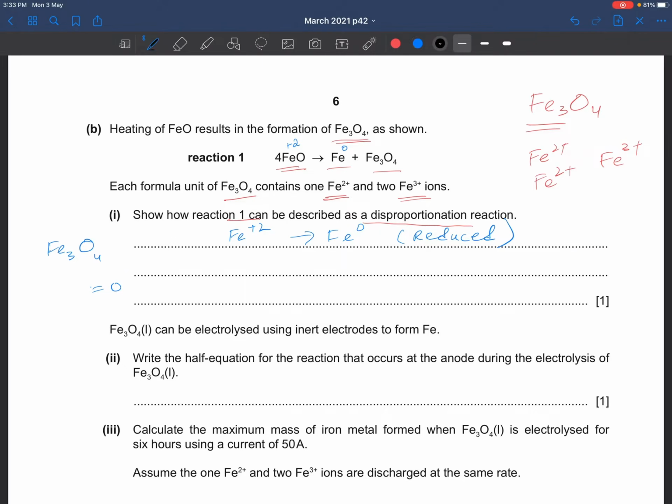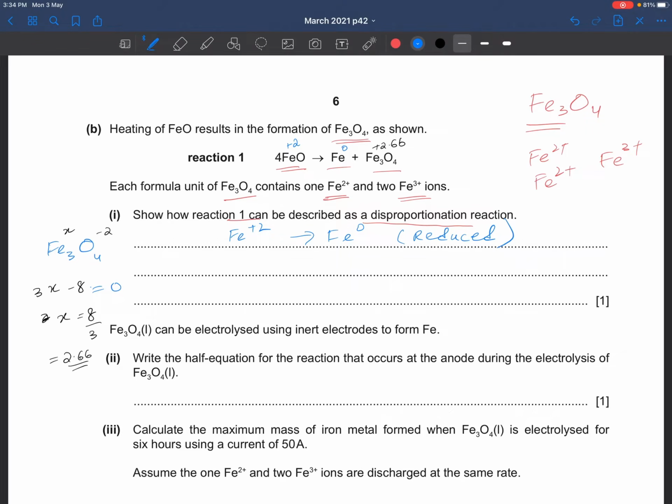And the oxidation state of oxygen is fixed, that is -2 into 4, this is -8. We have to find the oxidation state of iron, so this would be 3x minus 8, and x is equal to 8 upon 3, which would be 2.66. So we can say that the oxidation state of iron in Fe3O4 is +2.66.